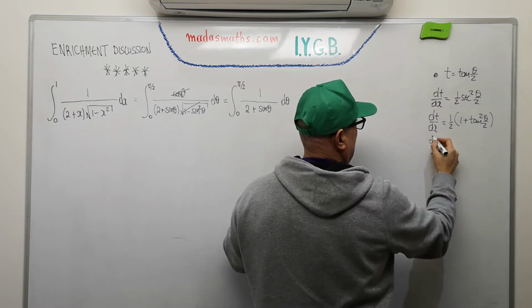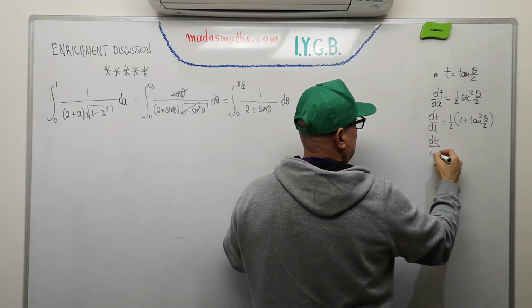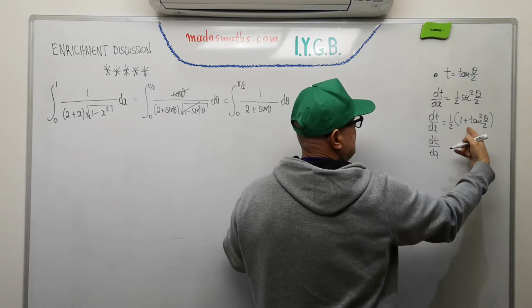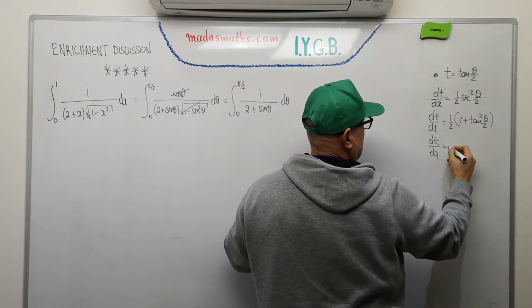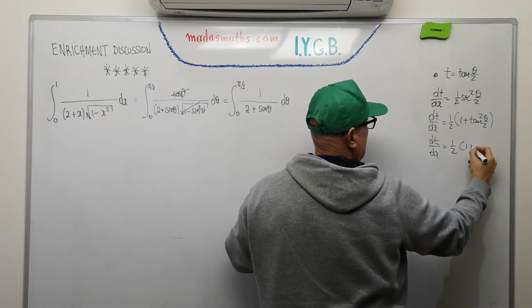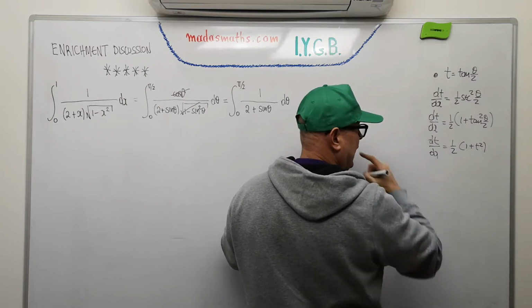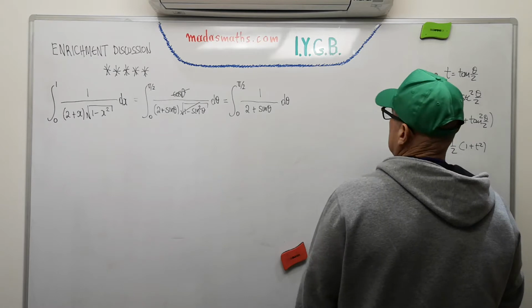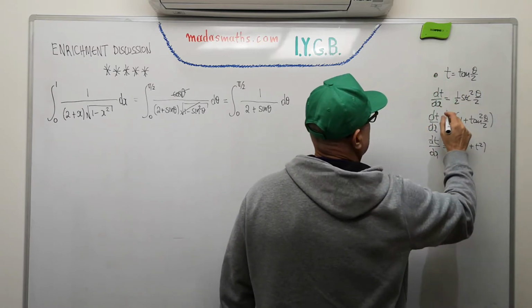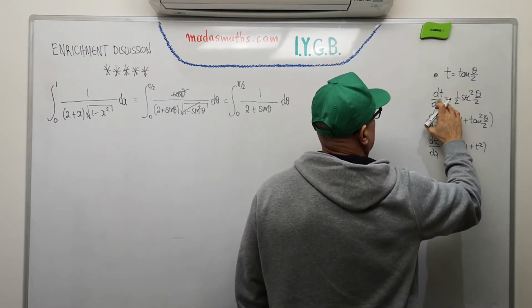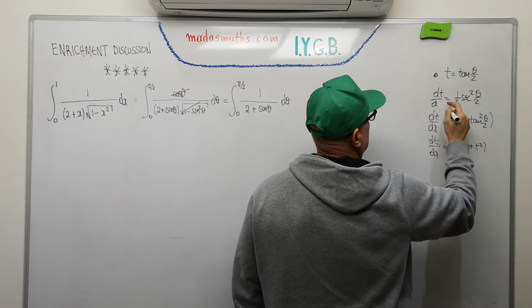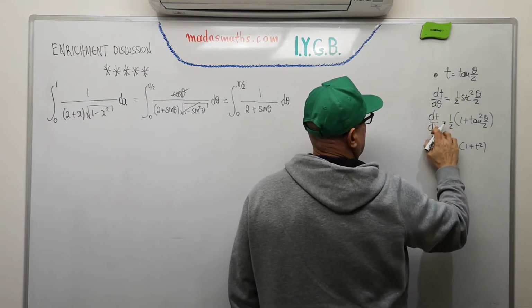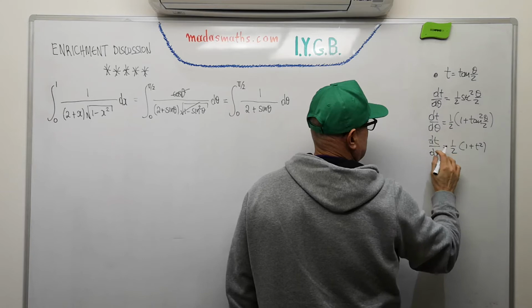And of course, we can go back into little t's now, because that's my t. So that's a half, bracket 1 plus t squared. And if we rearrange this particular one, actually, I did say dt by dx there is incorrect. I do apologize. It should be dt by d theta. I'm going very absent-minded.